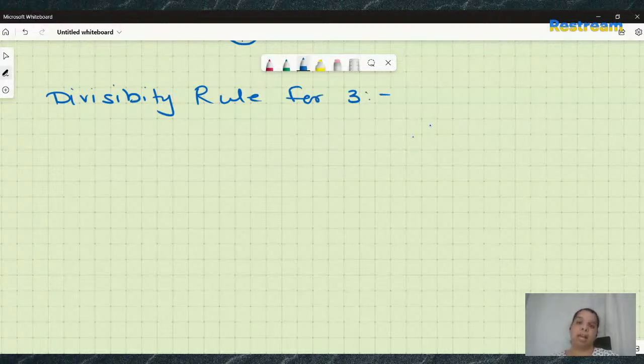This rule states that if the addition of all the digits in the number is divisible by 3, then the number is divisible by 3.